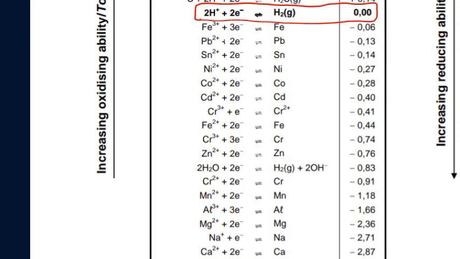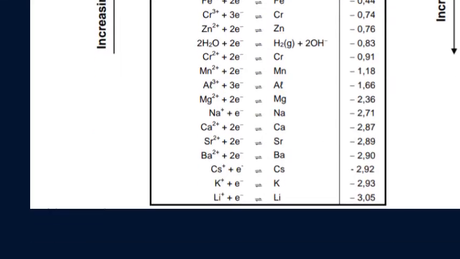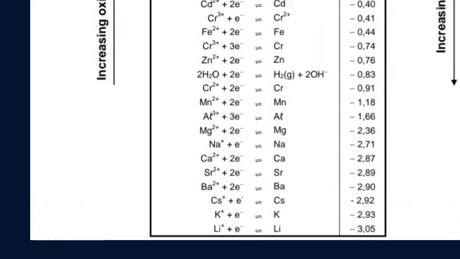Starting from the hydrogen half cell, that's where we're going to start seeing the negative standard reduction potentials, and what we're looking for is going to be quite low down. We're looking for negative 2.36, so there it is.